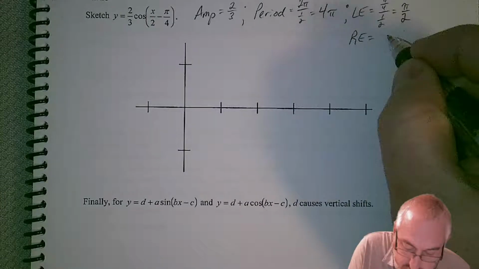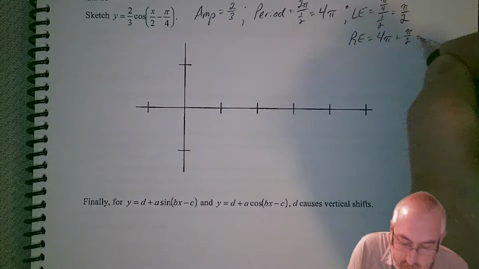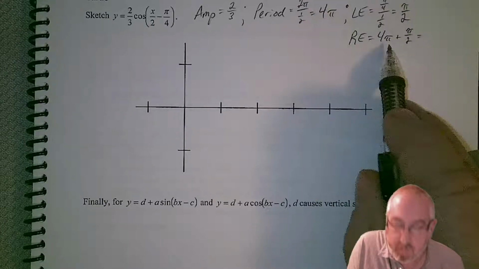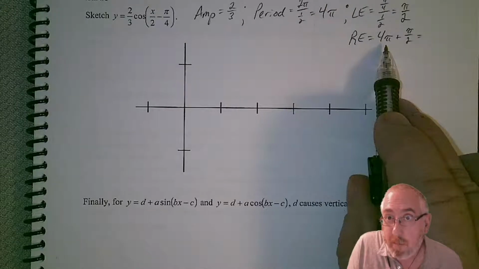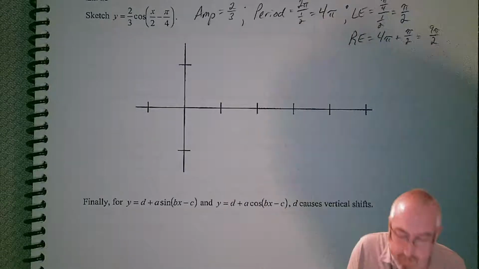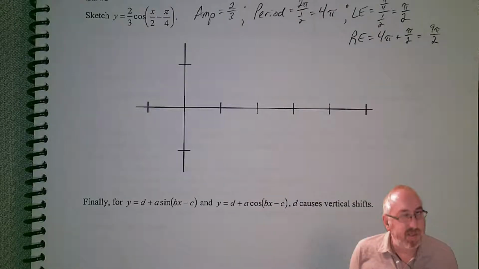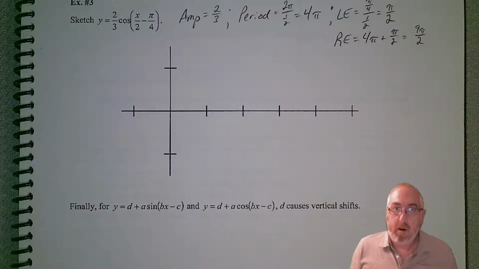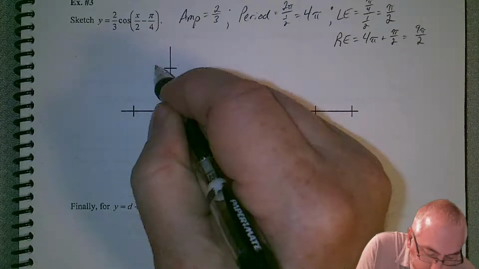So 4 pi plus pi over 2, well, 4 pi is the same as 8 pi over 2. 8 pi over 2 plus another pi over 2 is going to be 9 pi over 2. Leaving those as improper fractions is probably going to be to your best benefit. So we should have enough to get our graph now. Our amplitude is 2/3, so we know that's our vertical.